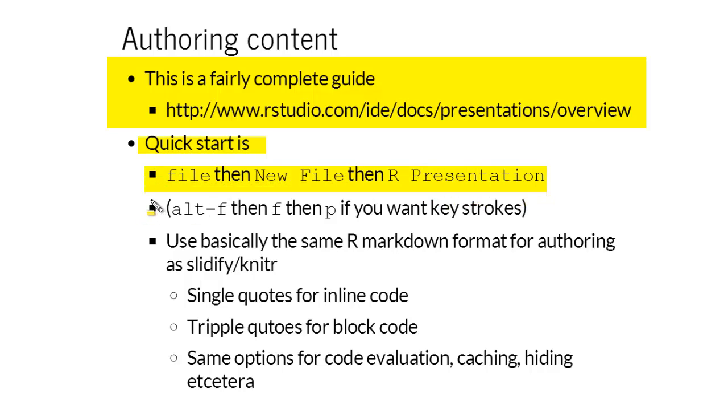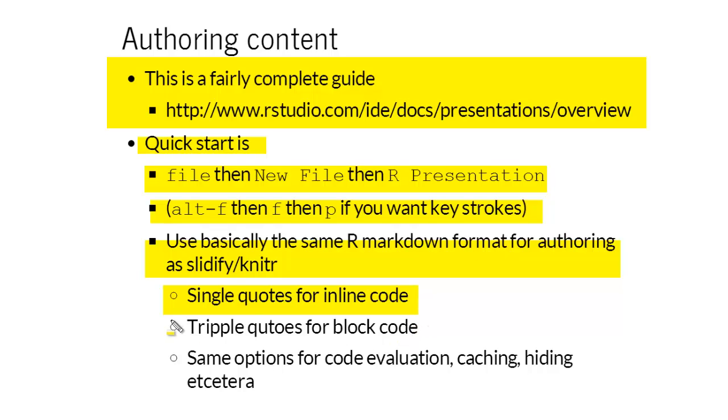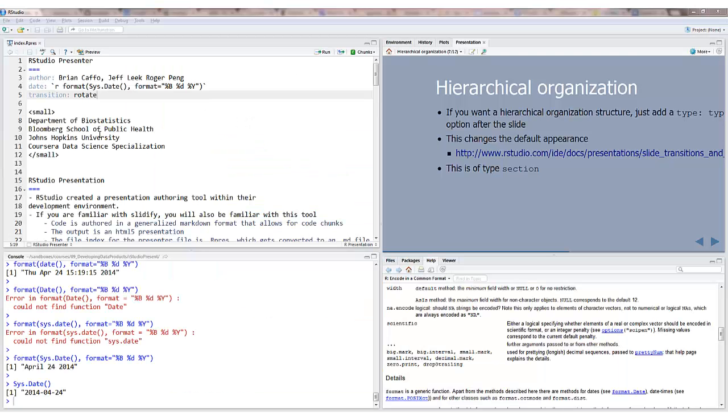And if you're a keystroke junkie, that's just Alt F, then P. Then you just start using Slidify, knitr style commands for authoring content. They have all these things that'll help walk you through it. So single quotes for inline code, triple quotes for block code, and the same options as knitr for code evaluation and cache.